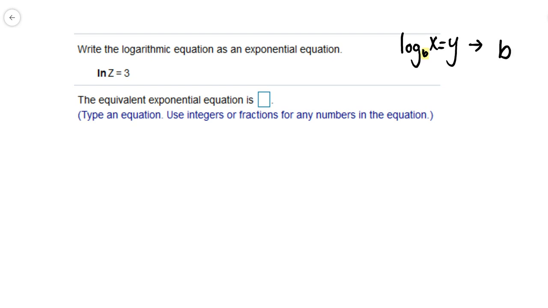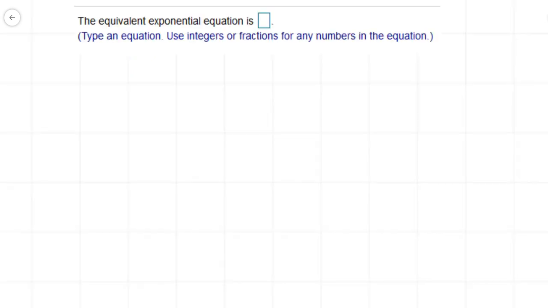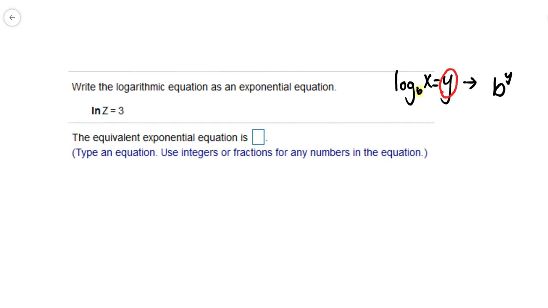Then the log always equals the exponent, so we put y in the exponent. And then this exponential will equal what's inside the log. Since we have x inside the log, that's what our exponential equals.